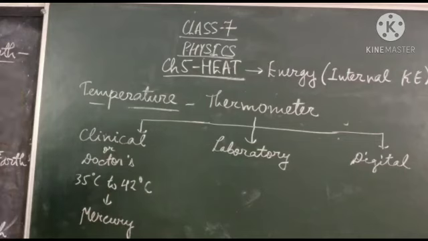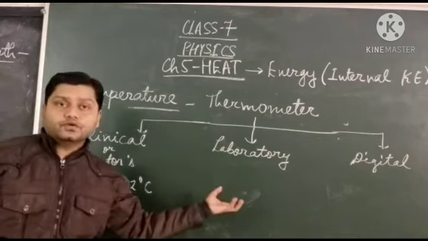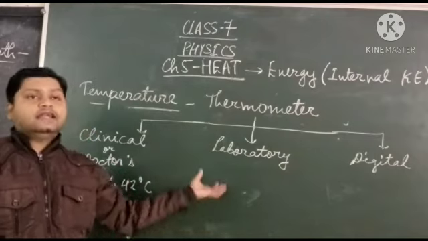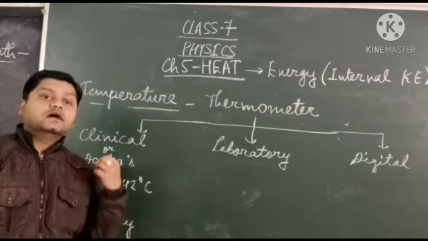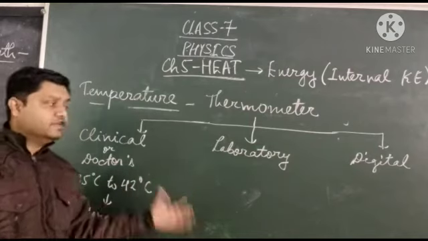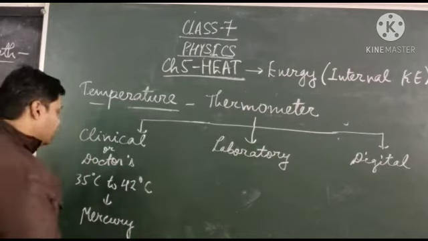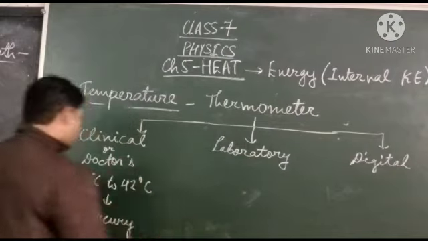The second type is the laboratory thermometer. From the name only we come to know that it is used in laboratories for measuring the temperature of different hot objects. What is the range of the laboratory thermometer?